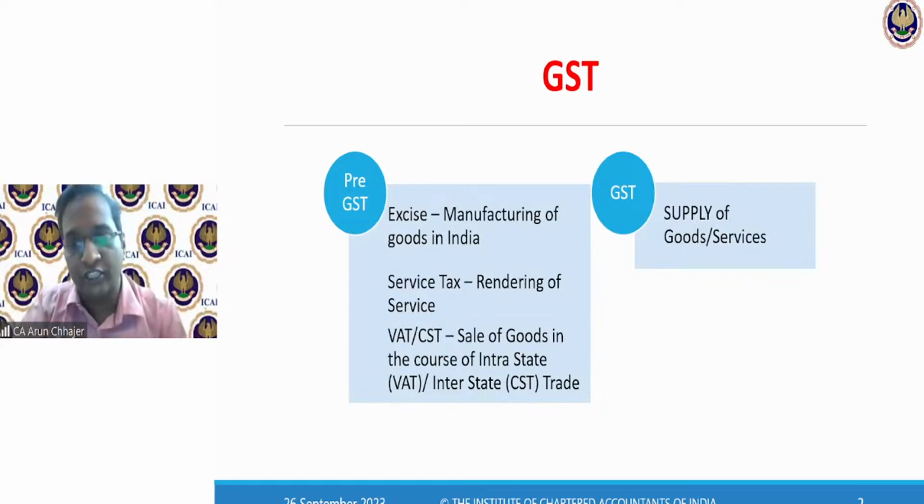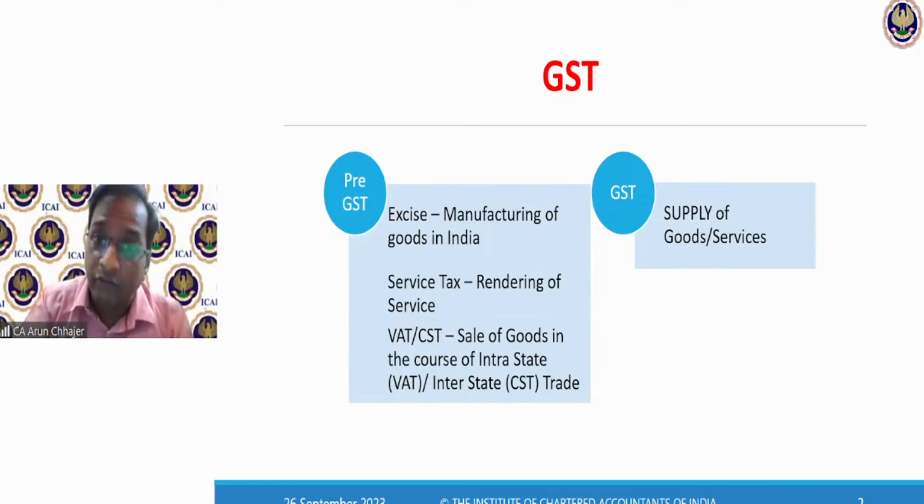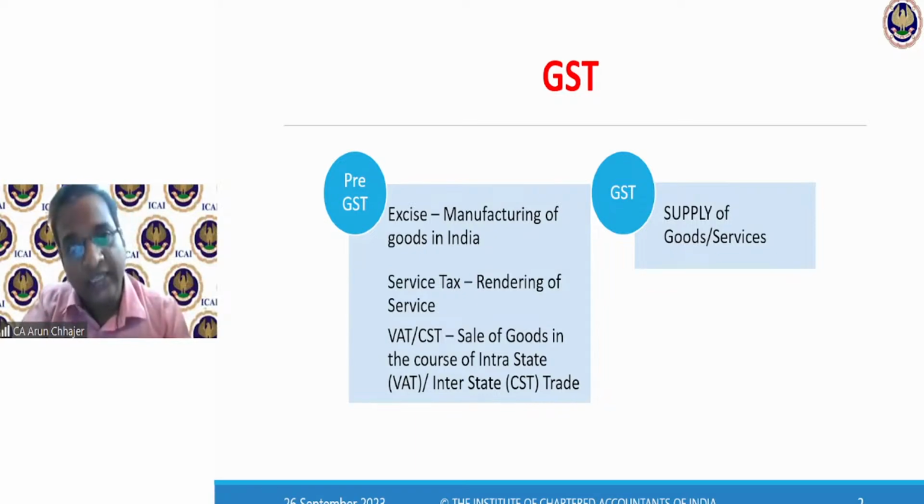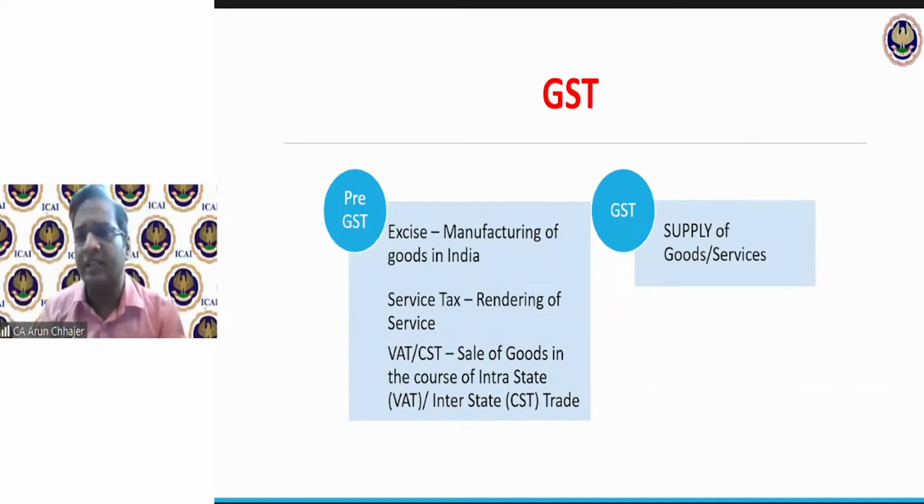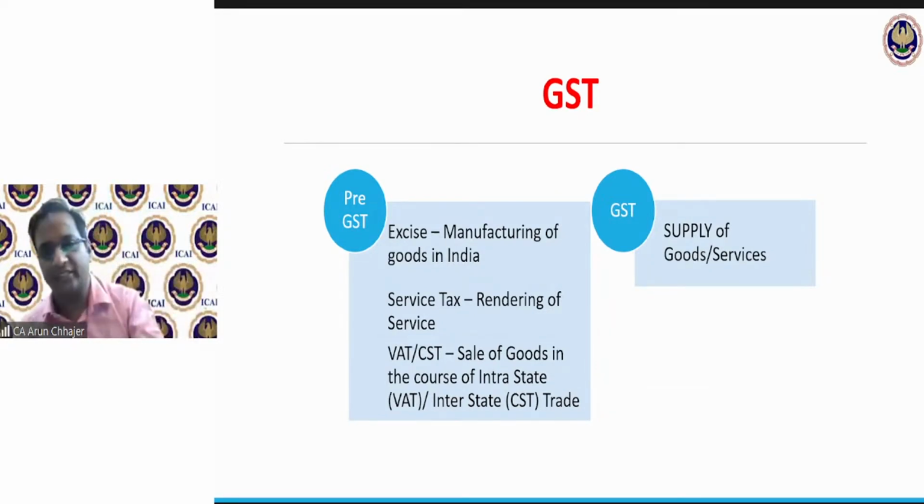Let me ask one question to all of you. Can you tell me any 2, 3, 4 examples of taxes which are subsumed in the GST, and also give me examples of taxes which are not subsumed in the GST? Three examples are sufficient.